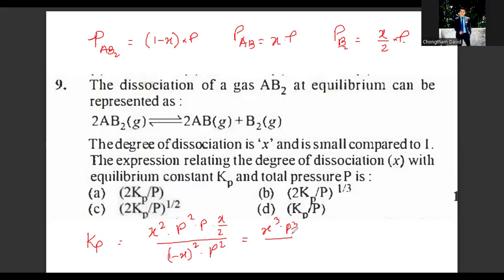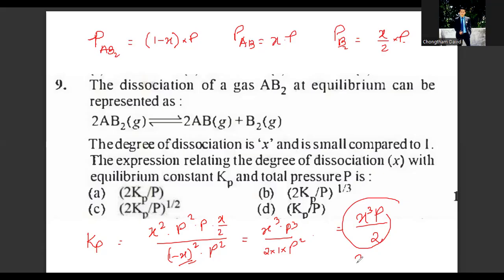It is just a simplification process. P square. And this 1 minus x is a negligible quantity. We have already neglected it. So after neglecting the terms, we now have x cubed P2.